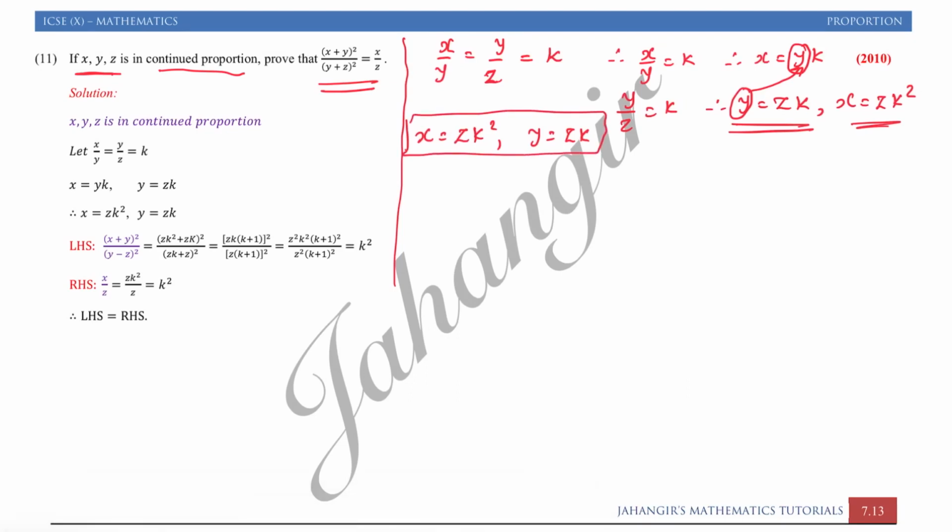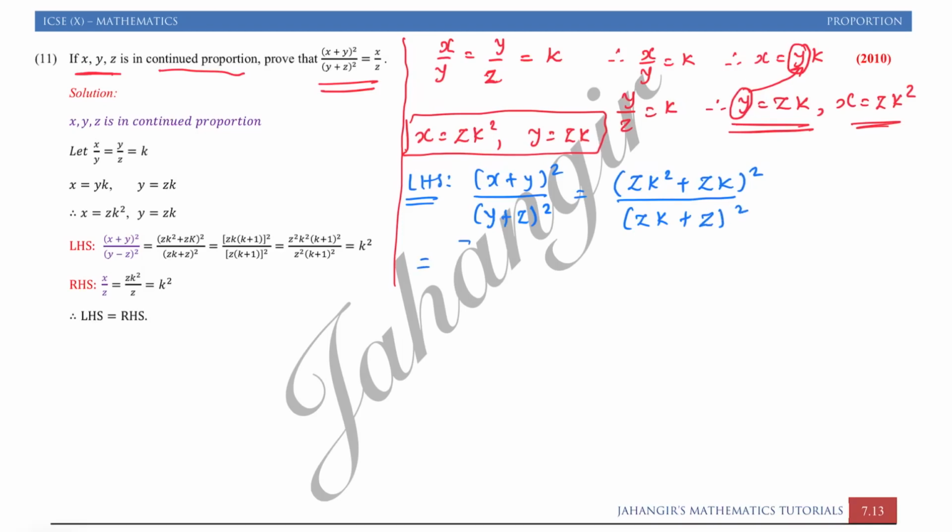So now I will take LHS. LHS I have as (x plus y) whole square upon (y plus z) whole square. So what is x now? Put in bracket (zk square plus y is zk) whole square upon (y is zk plus z) whole square. Now taking out common from the numerator within the bracket, zk common, (k plus 1) whole square, upon denominator, same, we will take out z common within the bracket.